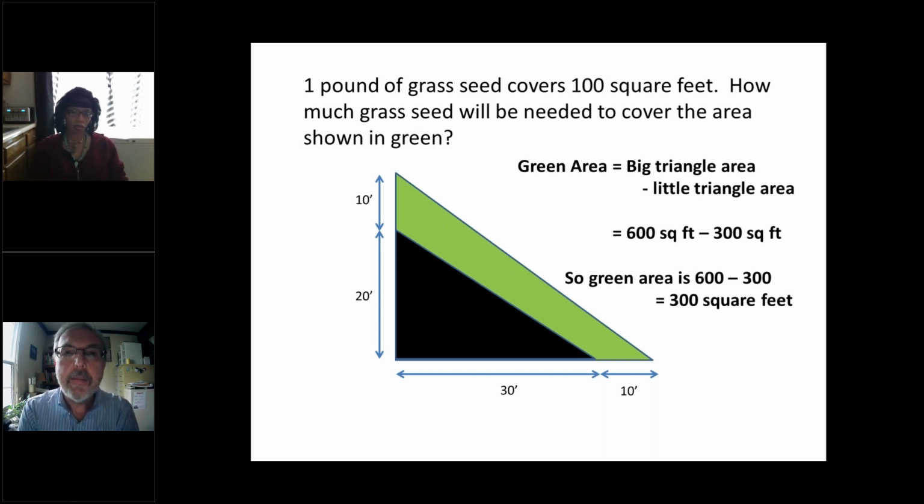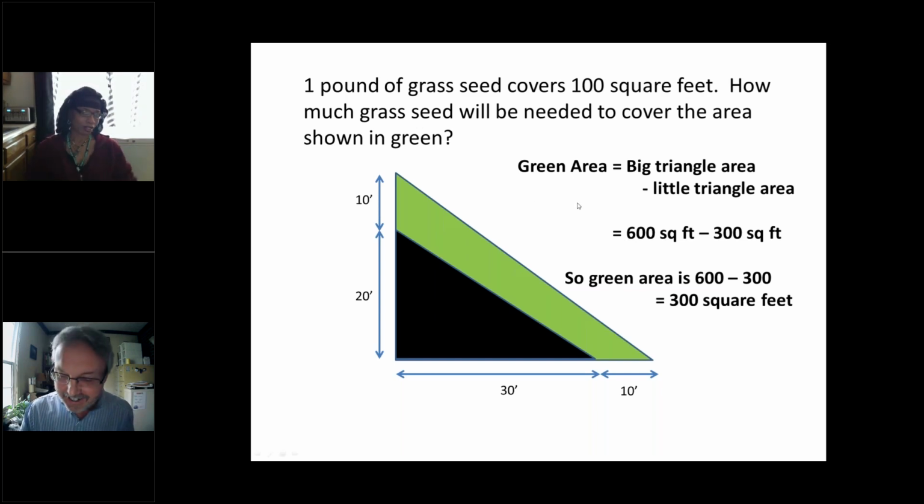Yeah. But for 1 pound of grass and 100 square feet, and it clearly says it's 300 square feet, then yeah, it definitely makes sense. Okay. I'm just sleepy, so. Yeah, no, that's okay. It's Monday too.